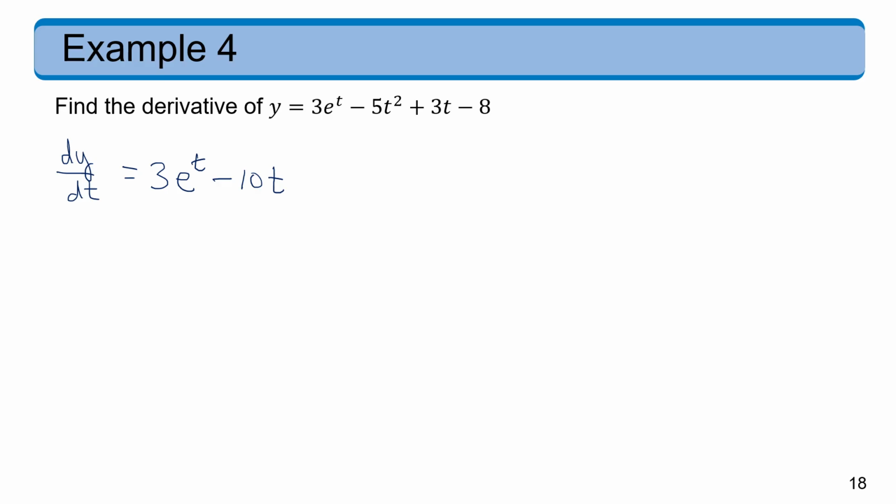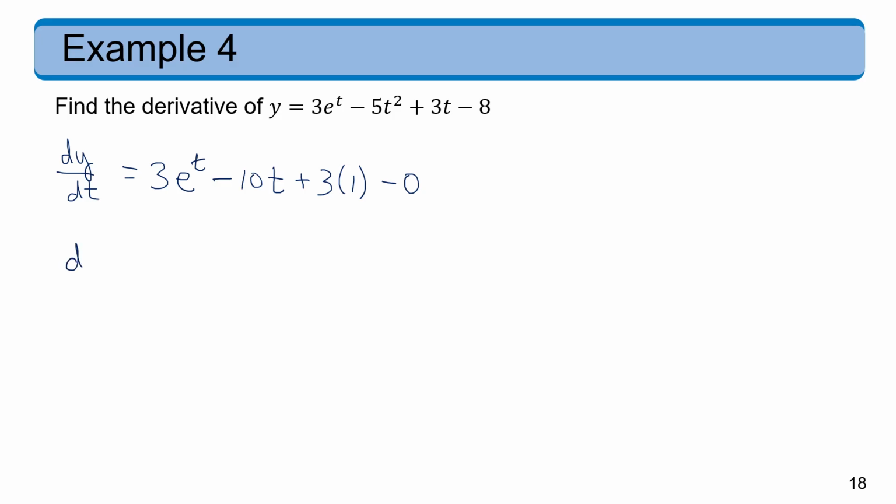The next term is 3t, right? That constant 3 just gets carried along. The derivative of t is 1. So 3 times 1 is just 3. Now we have the derivative of 8, right? 8 is a constant, so its derivative is 0.